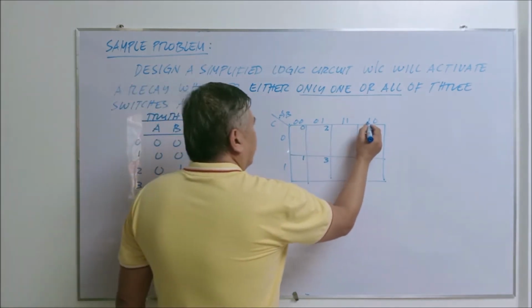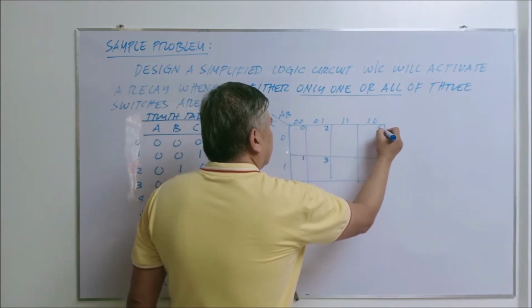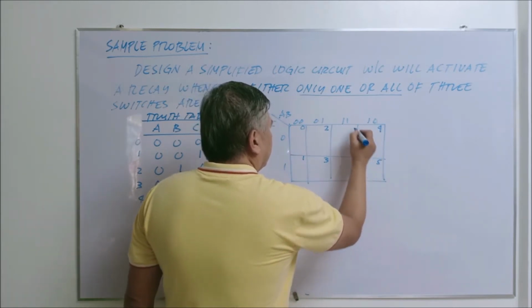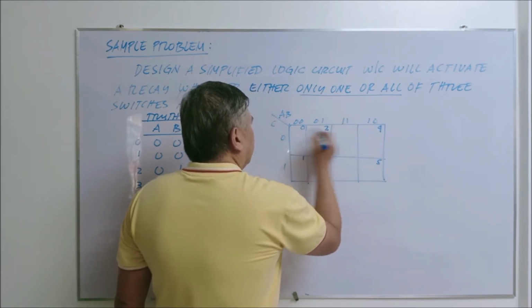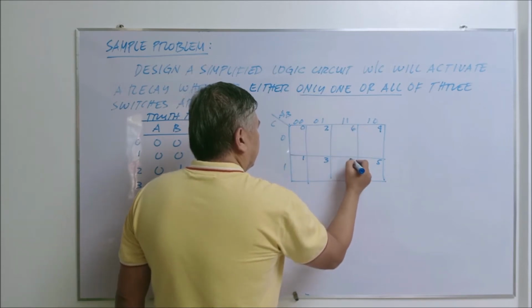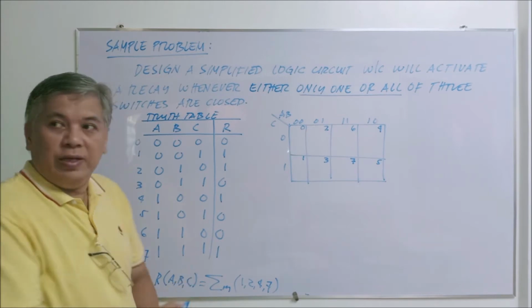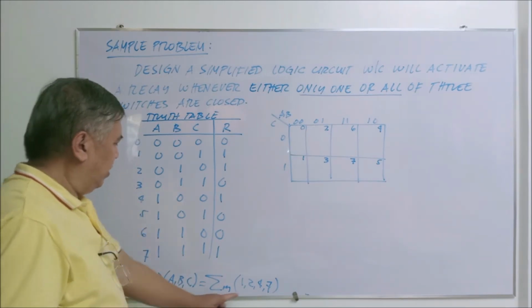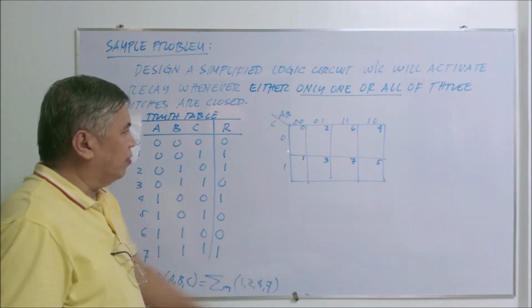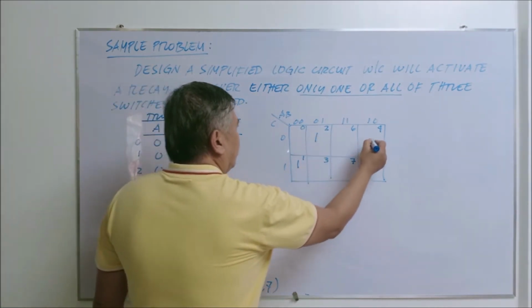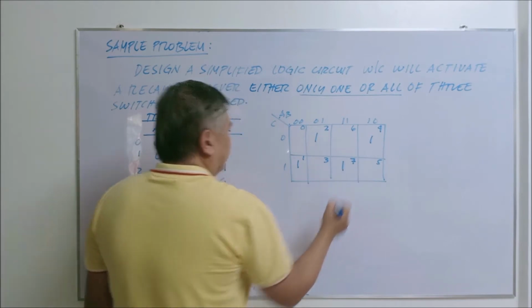Then 1, 0, 0, this is 4. 1, 0, 1, that is 5. 1, 1, 0 is 6. And 1, 1, 1 is 7. Then we locate the values of your min terms: 1, 2, 4, and 7.